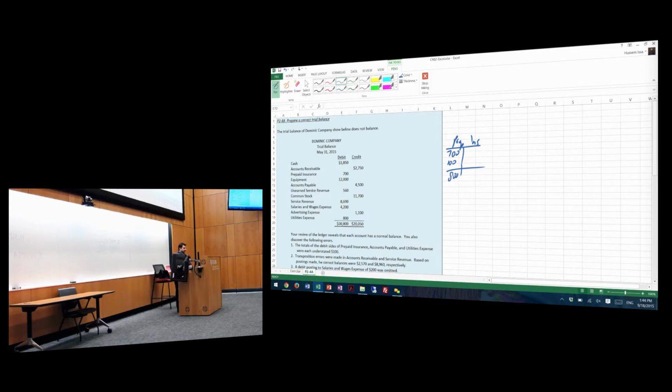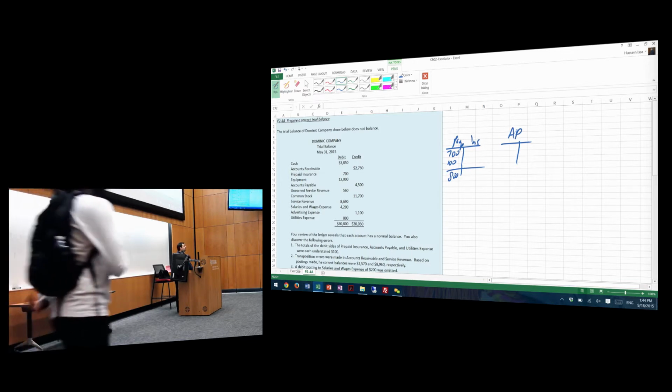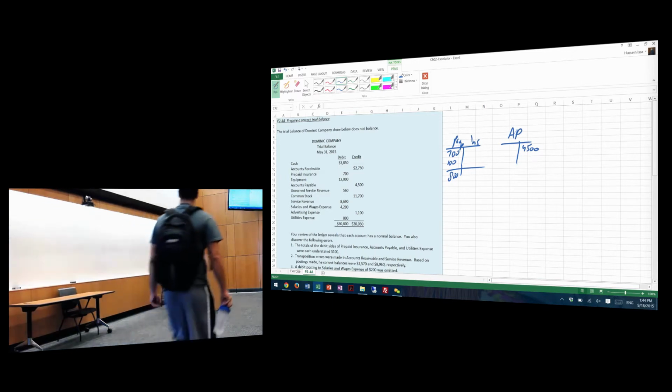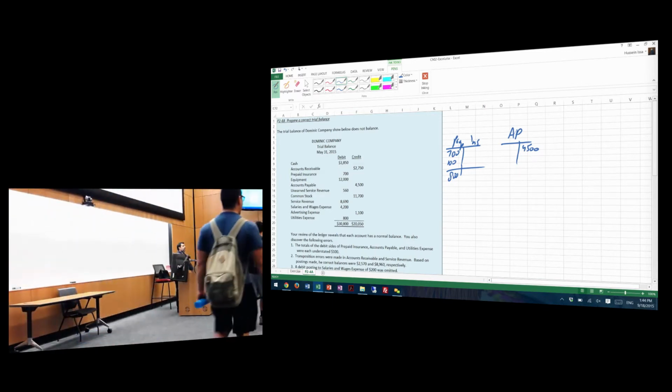Look at the second one, accounts payable. What's the balance of accounts payable? Come on, faster. You can read. I know that you can read. 4,500. 4,500 on the credit side. So it's a credit balance of 4,500. The debit side was understated.